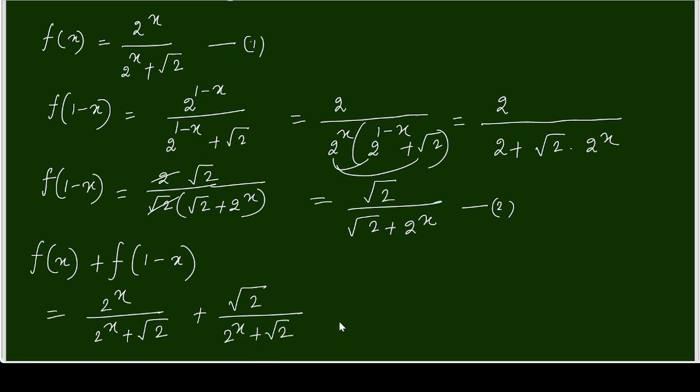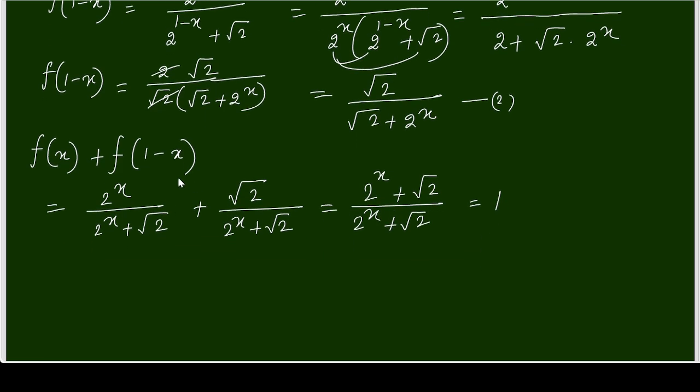They have the same denominator. So it is 2 to the power x plus root 2, and in the numerator we are getting 2 to the power x plus root 2. The answer is 1. So f of x plus f of 1 minus x equals 1.